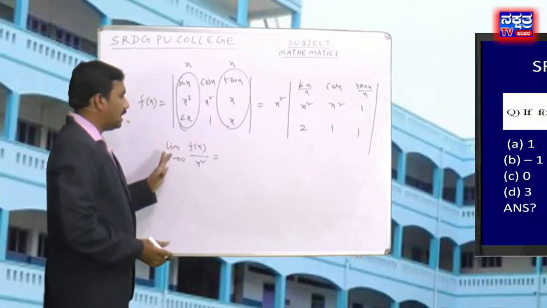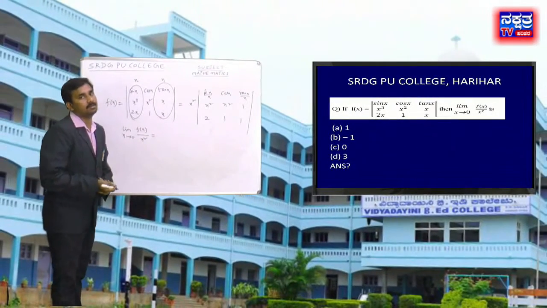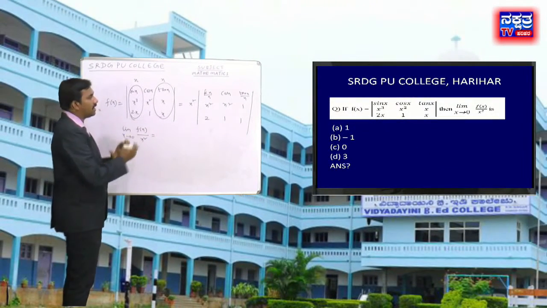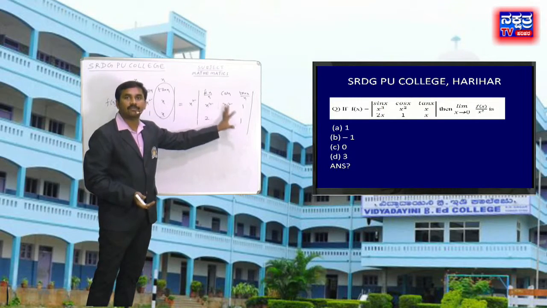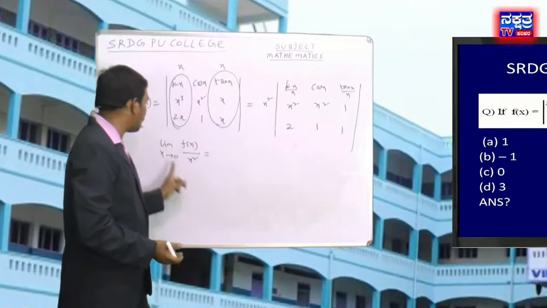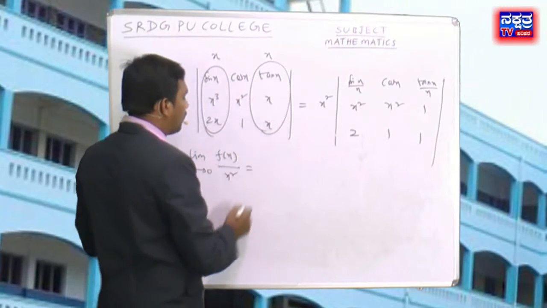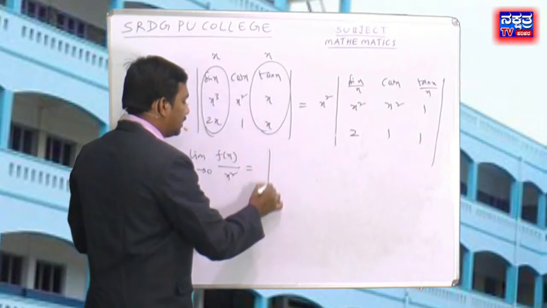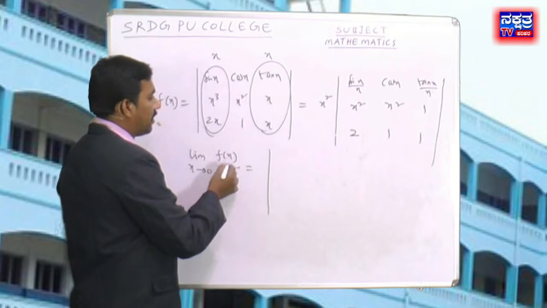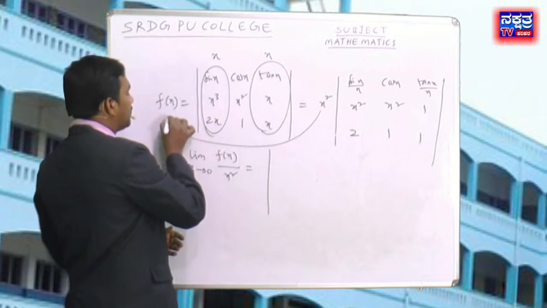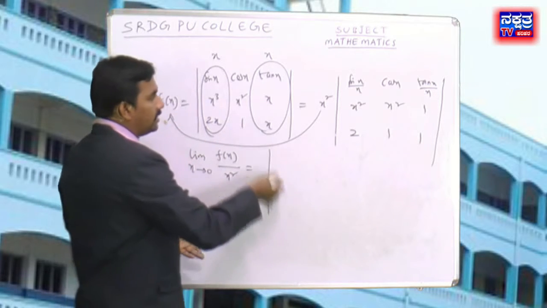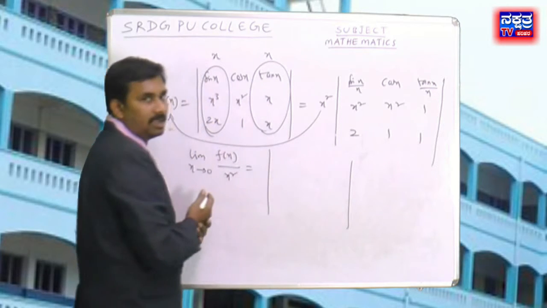Now limit algebraic properties, we can apply the limit directly to each function. For every function which has variable x, we can apply the limit. Then if you apply the limit, we will get that determinant. Here f of x by x square, clearly we can write it. Then the determinant is what we are getting here.